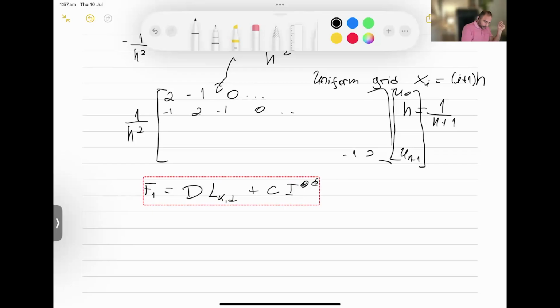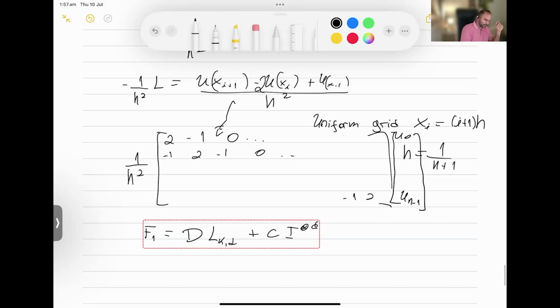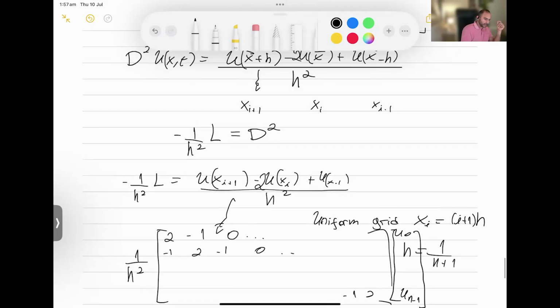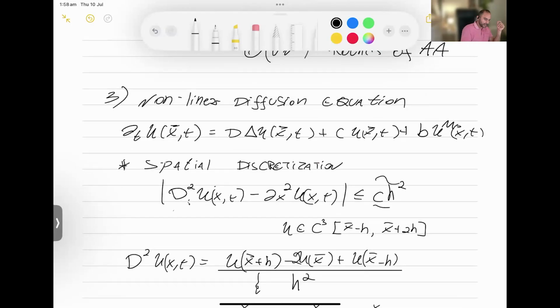Here D means that I have D dimensions. The Laplacian operator that I just wrote at the top is the Laplacian for a single direction. So when I have D here, I have it in D directions, for each of the X, Y, and Z components. And K means the order of the Laplacian operator. So K is related to this approximation H squared that I wrote here, the power of the approximation.